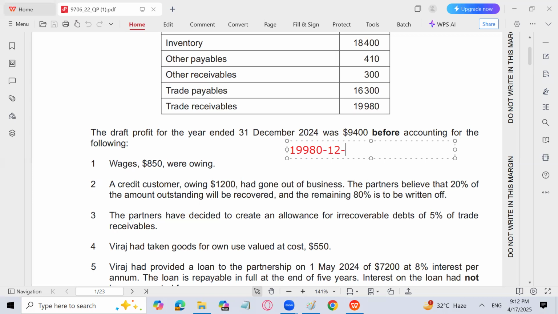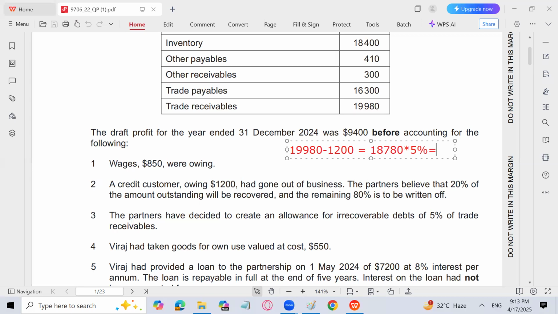19980 minus 1200. What is the amount? Let me calculate. You can help me out also. 19980 minus 1200 is 18780, multiplied by 5%, the percentage for the provision for doubtful debts.